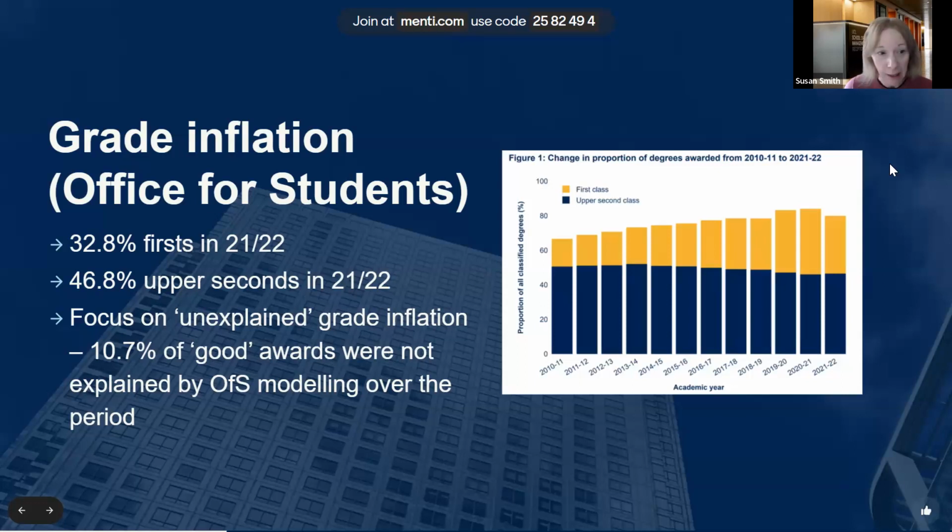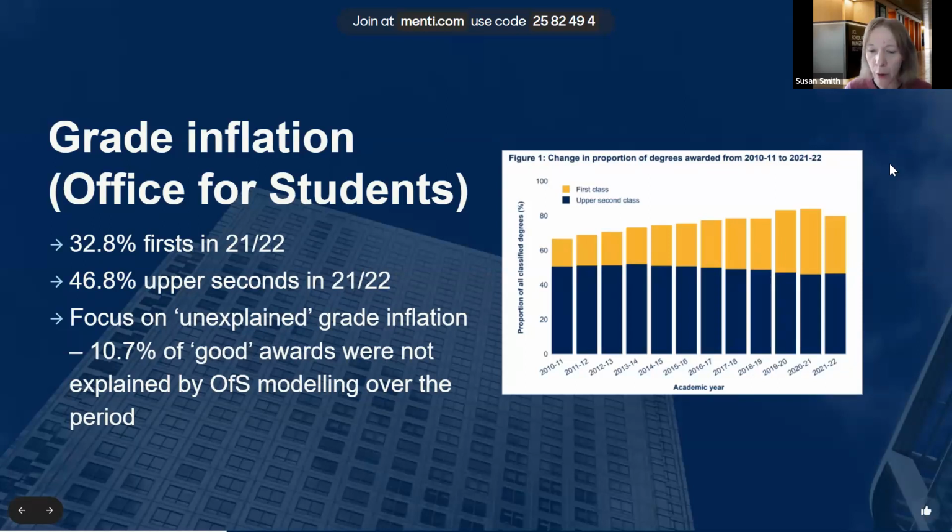And correspondingly, 2-1s went from 50.9% in 2010-11 down to 46.8% in 21-22.